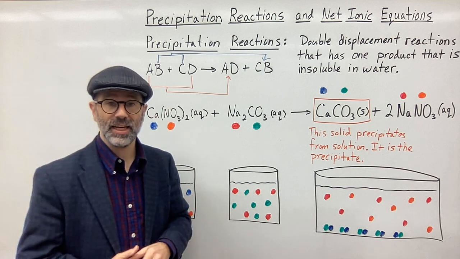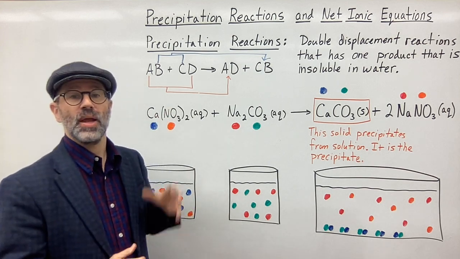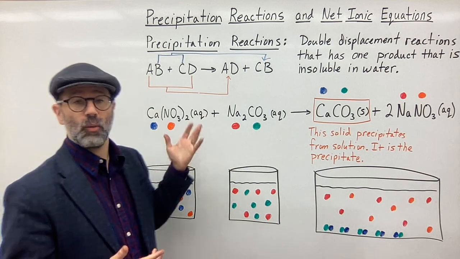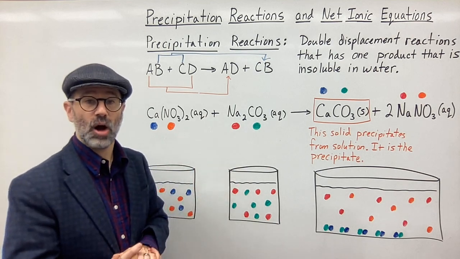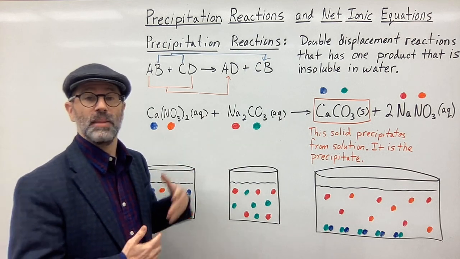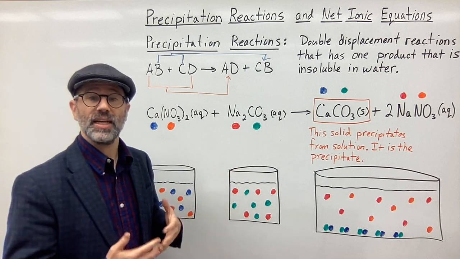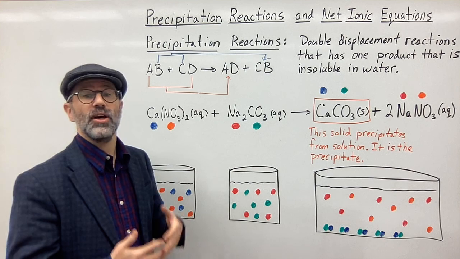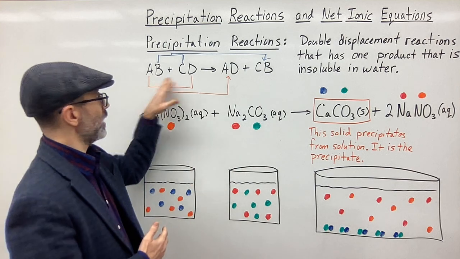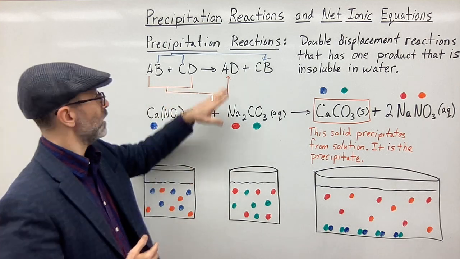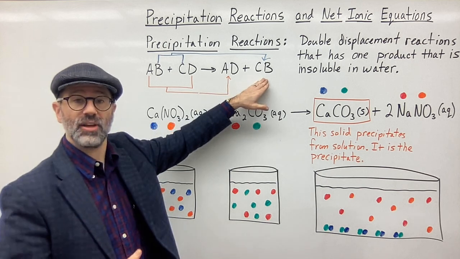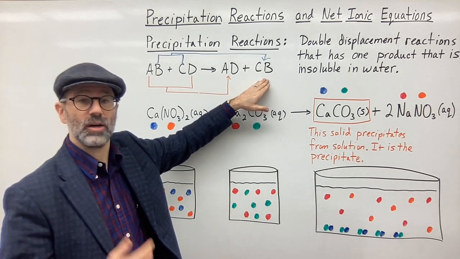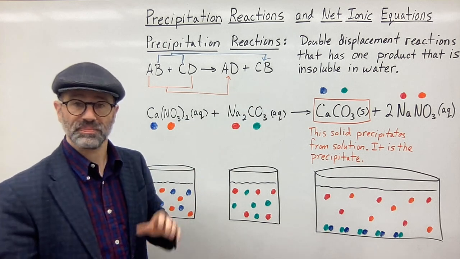I'll cover that in another video. But for now, we'll assume that one of these is insoluble in water, and so therefore it becomes a precipitate. The precipitate is what we refer to as the solid that forms from the reaction of your two reactants. So if one of these is a solid or insoluble in water, that is the precipitate.